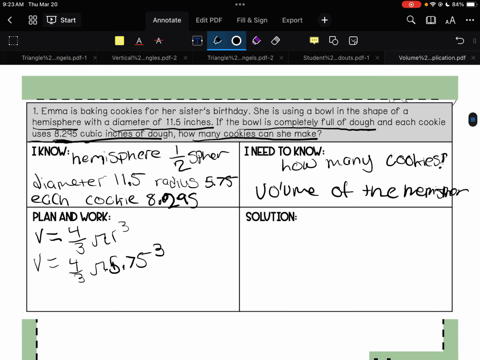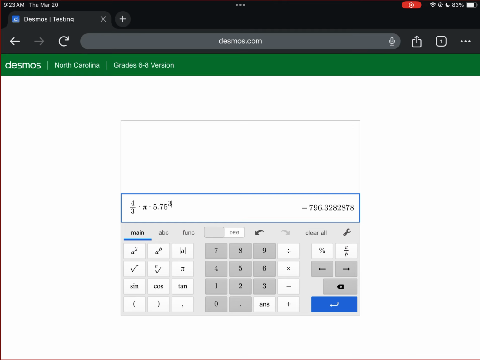So let's go back to our question. We are working with a hemisphere. So that's the volume of an entire sphere. A hemisphere is 1/2 of a sphere. So we need to divide this by 2.